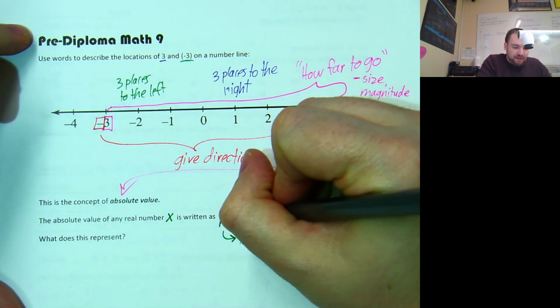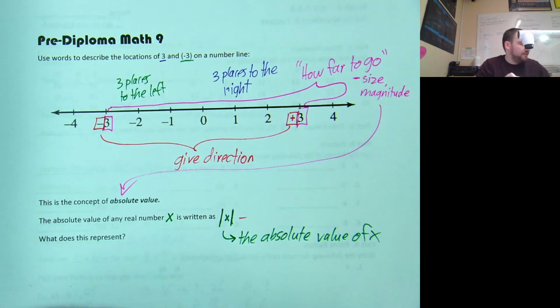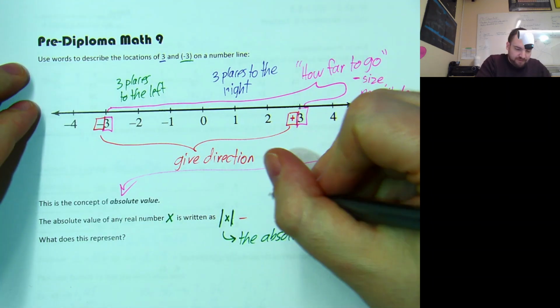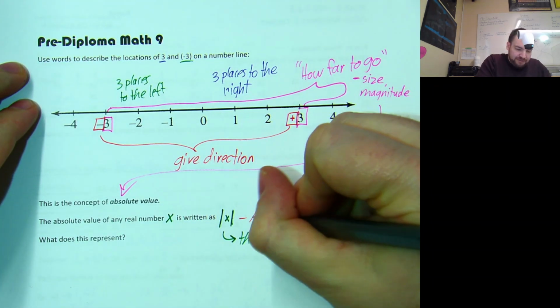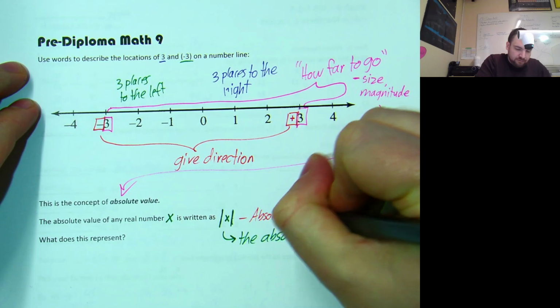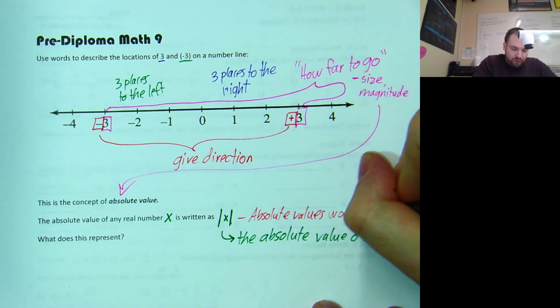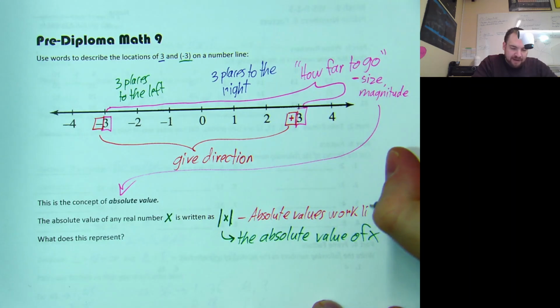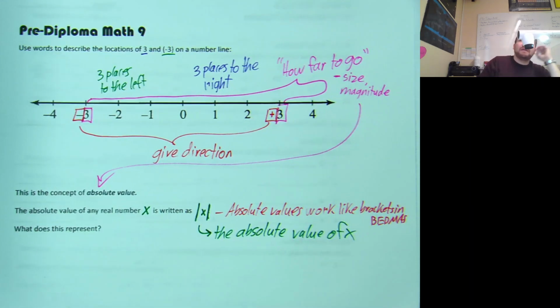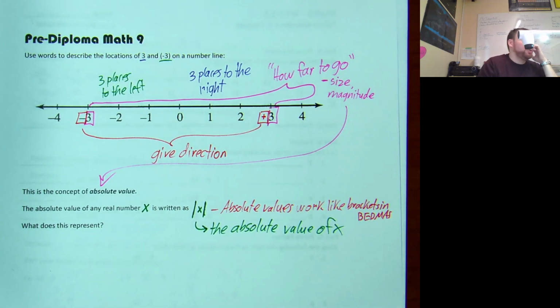If you're doing BEDMAS, absolute value works like brackets in BEDMAS, except these are brackets that actually do something. They don't just hold, they alter what's inside them.